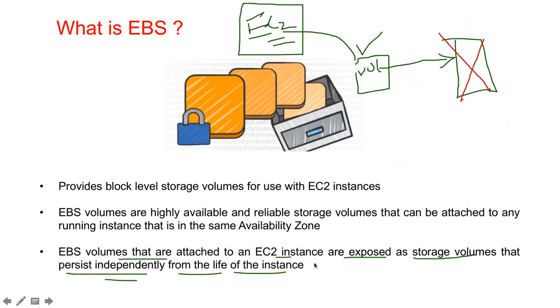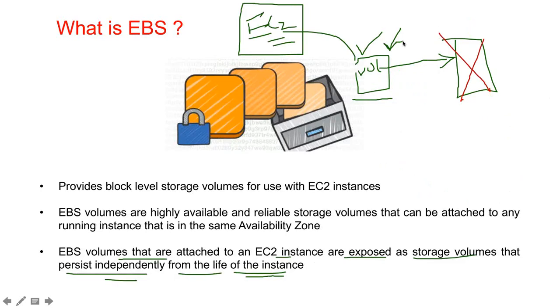That's why we agree to the statement that the life of the volume persists independently of the life of the instance. So if the instance goes down, gets terminated, or crashes, your data is still durable and secure, because your entire data stays on the volume.